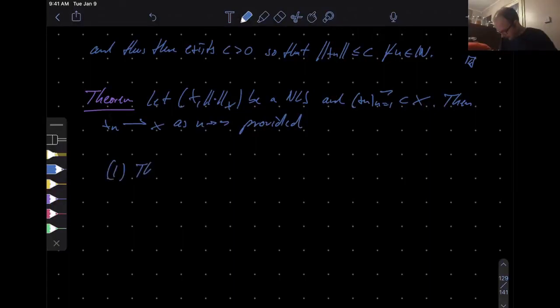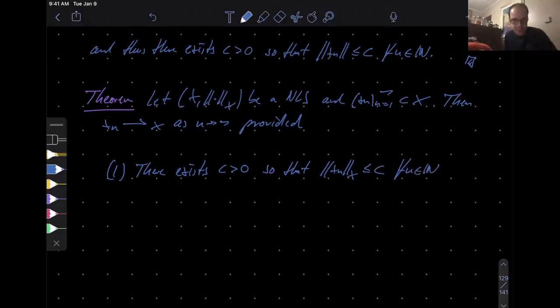Well, that first one shouldn't maybe come as a surprise, because that's a necessary criterion for weak convergence. We just proved it. There exists C so that the terms are bounded in norm. So that's a necessary criterion for weak convergence. And two, now that's more.